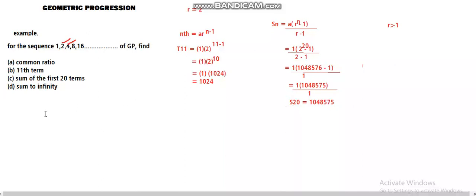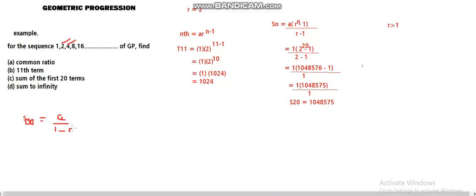So how do we find the sum to infinity? I don't have a symbol for infinity, but let me just write it. So the sum to infinity, the symbol like an 8, something like that, is equal to a over 1 minus r.